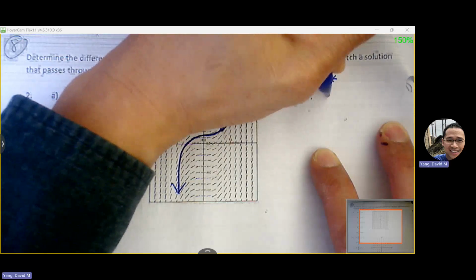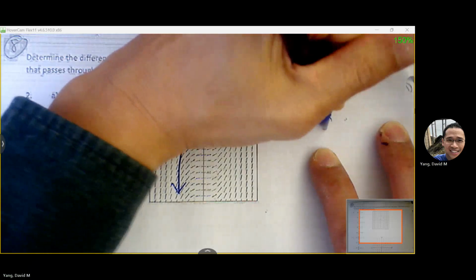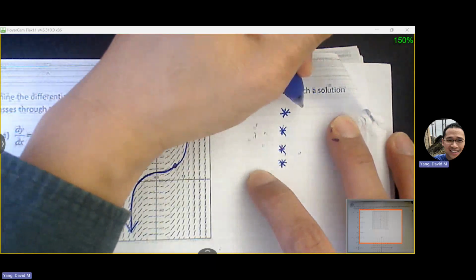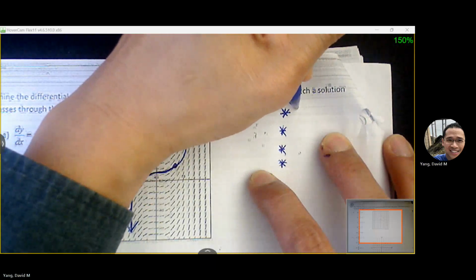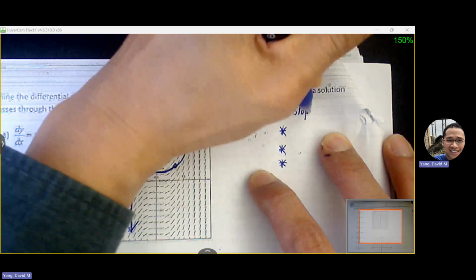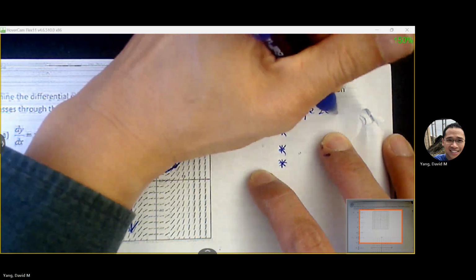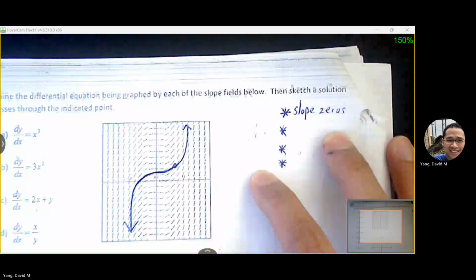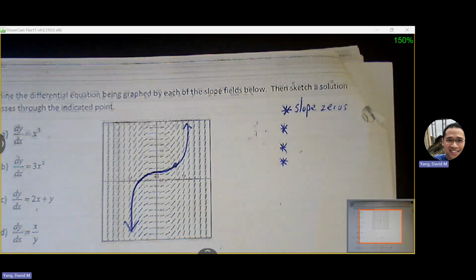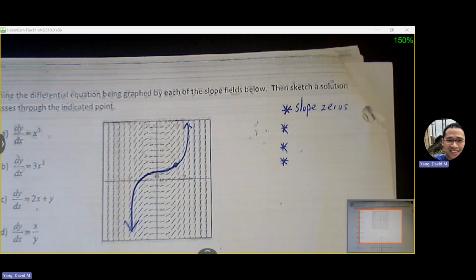Let me identify those things here. The 4 things I look for: first, where do I see a collection of slope zeros? If I see an entire part of the graph that's showing slope 0, then that can help me narrow down my options.